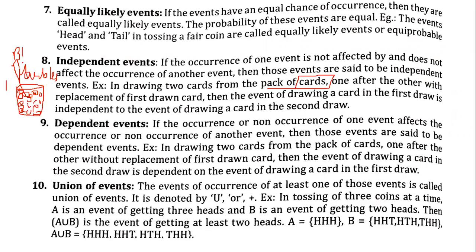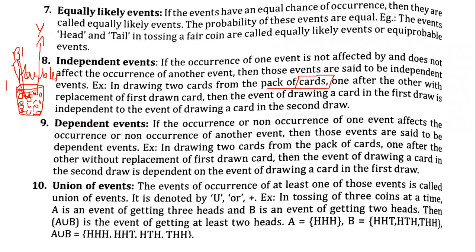Okay, now first time we have got a black marble, we will put the black marble back into the bucket. Now again we will mix and we will randomly take another marble. This time let us say you have got a yellow marble. So these two are independent events. Me selecting a black marble for the first time and selecting a yellow marble for the second time were nowhere related.